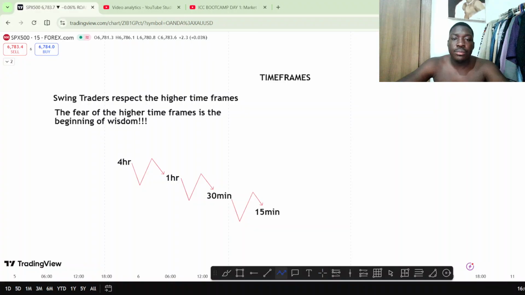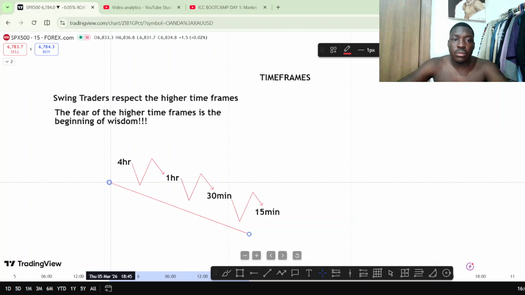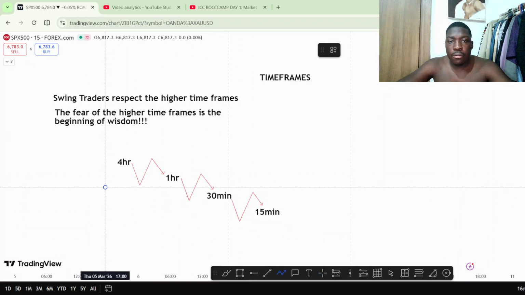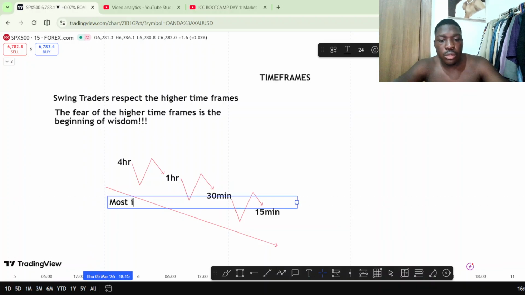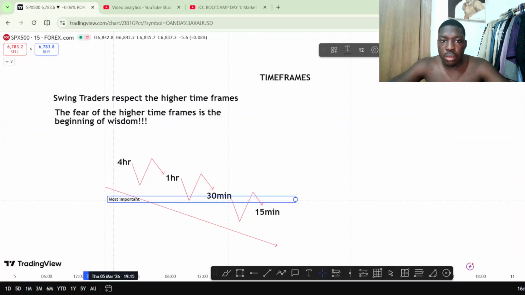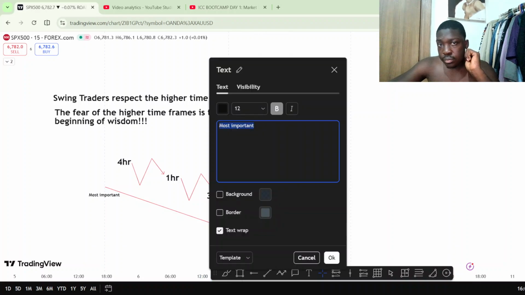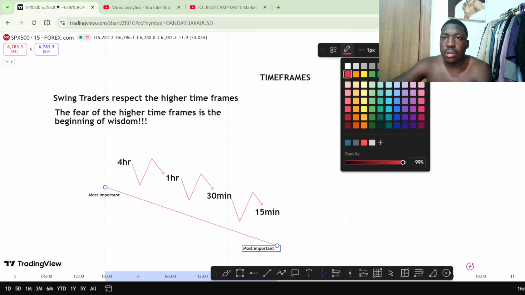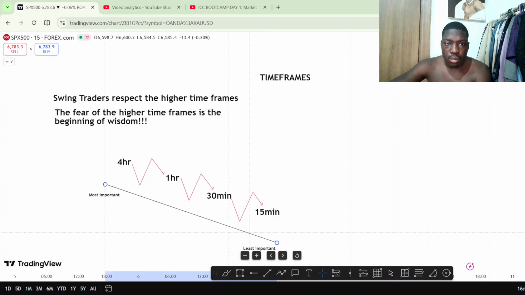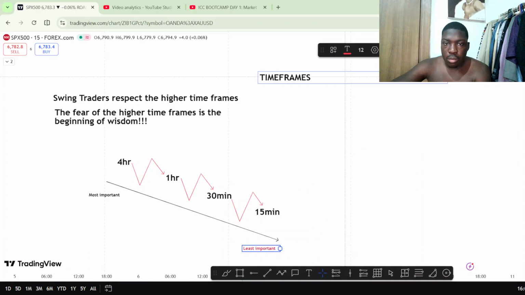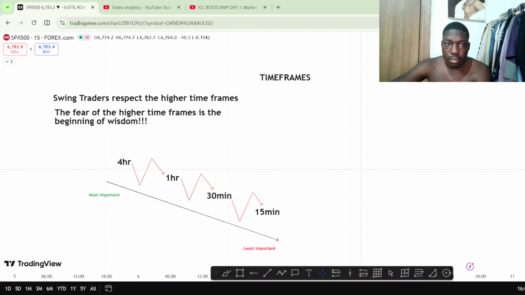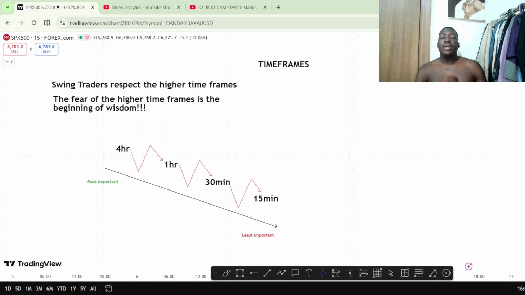This is the order of most important to least important. Literally, higher time frame is king.